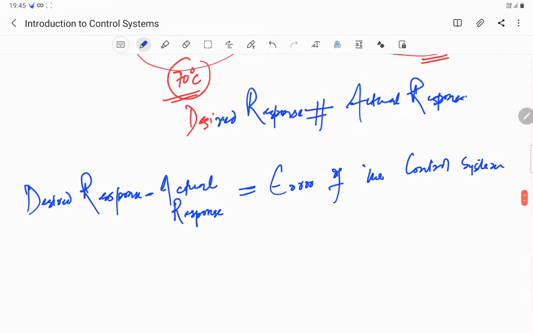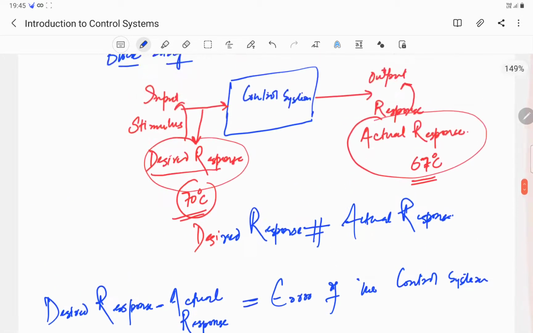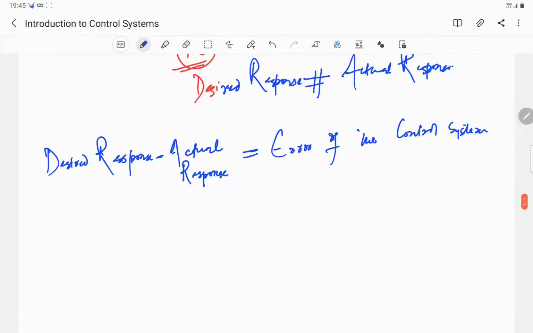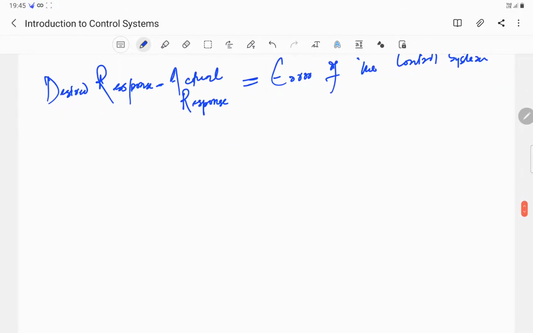Now let's try to understand these things, like the input or the stimulus, the output or the actual response, and the desired response. We'll try to understand these things by the following example. Suppose we are inside a tall building, a multi-story building.